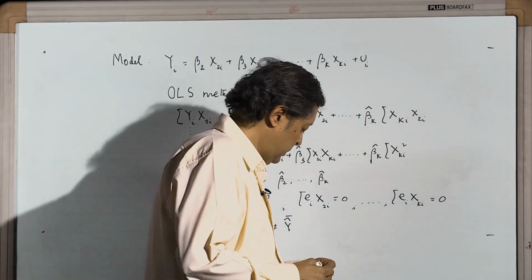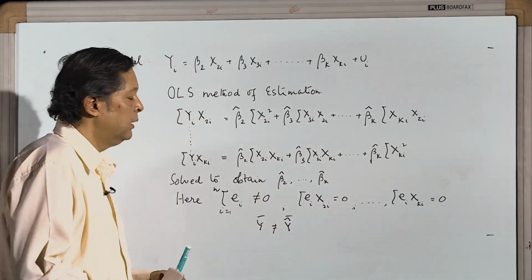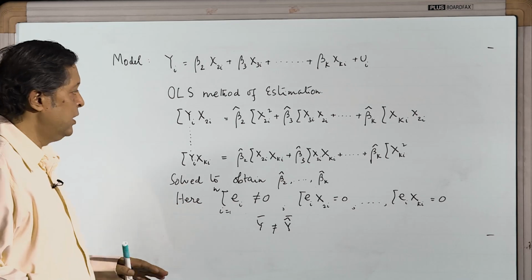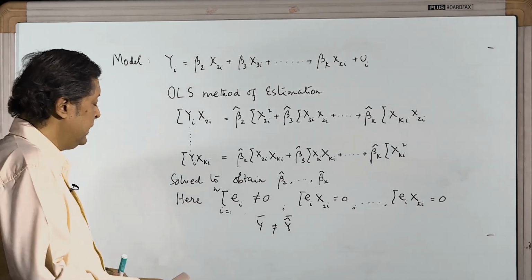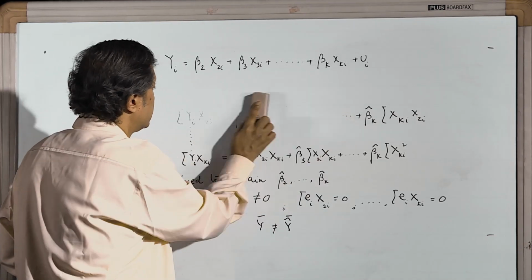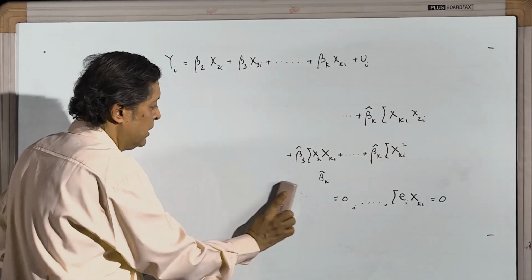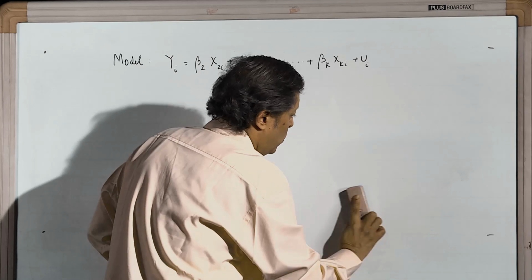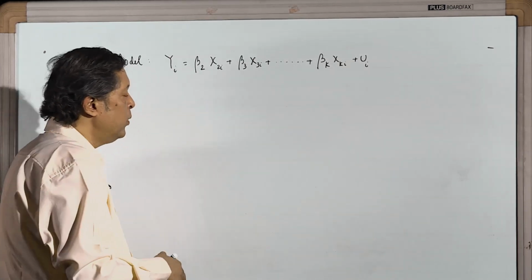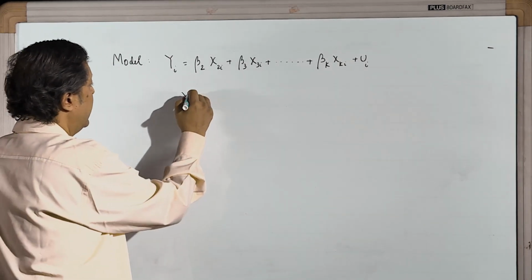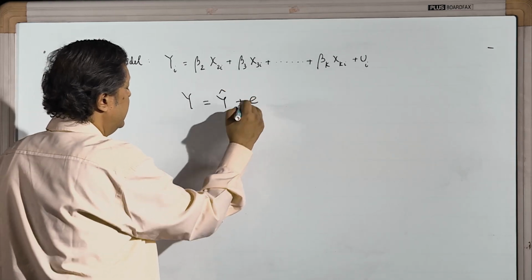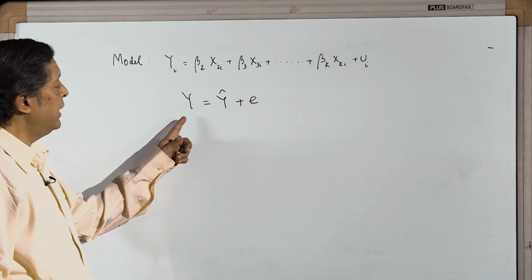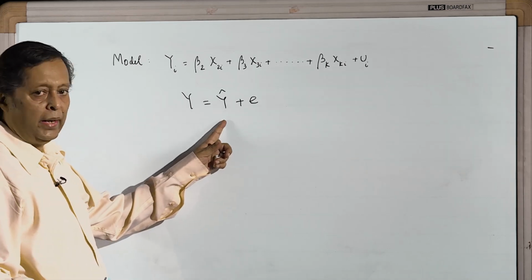Accordingly, for this model, the next step is also a little bit affected in the sense that when we decompose the sum of squares, we have to now use y is equal to y hat plus e, but we cannot write y bar is equal to y hat bar.